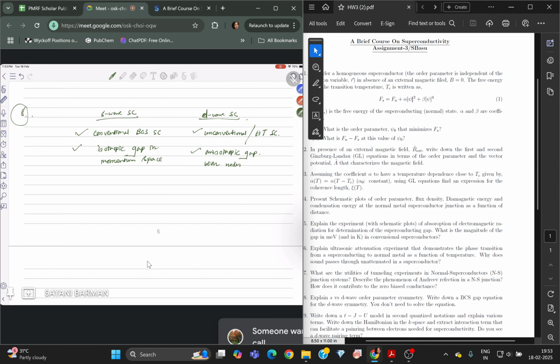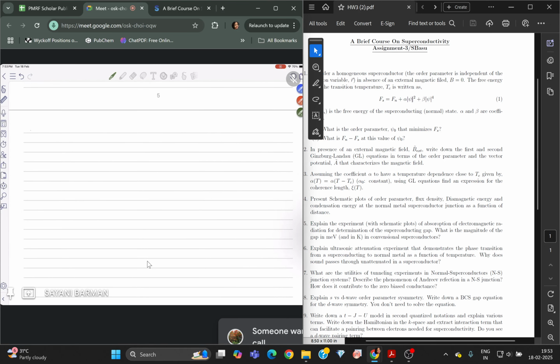For the D wave symmetry, it will be the summation of V_kk' Δ_k' over 2E_k' tanh(E_k'/2k_BT). I'll explain. Δ_k is the gap function.